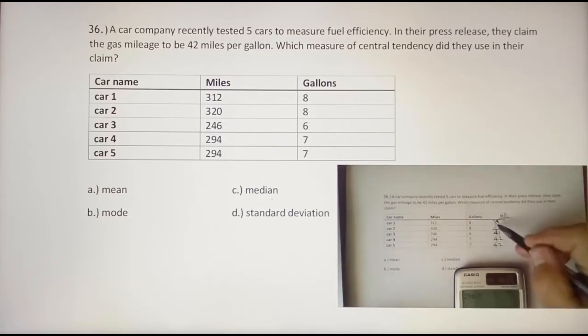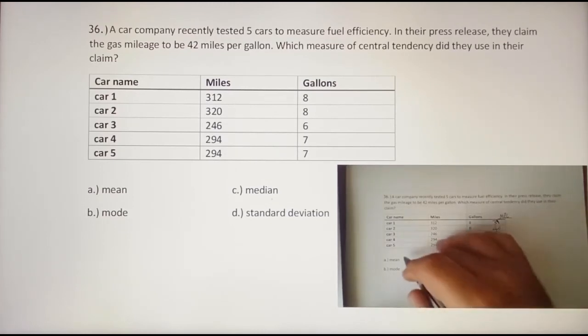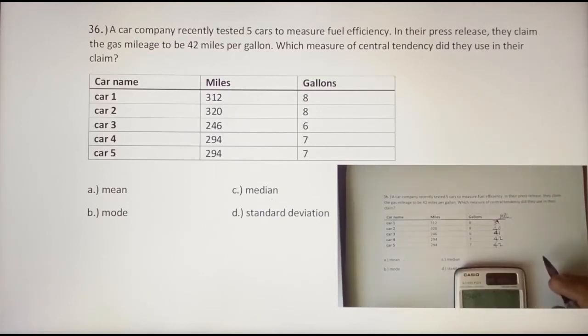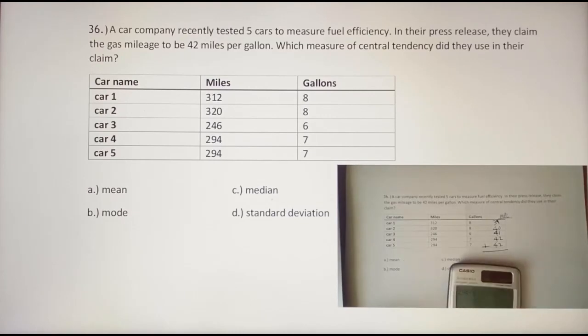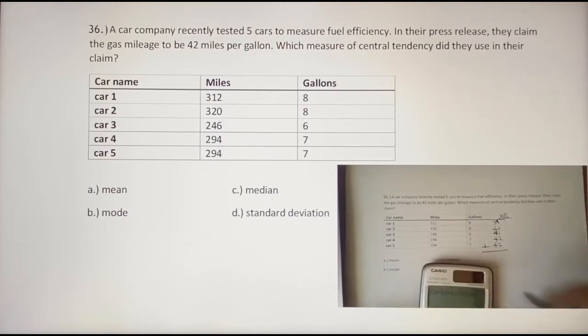All right, so we've calculated the miles per gallon for each of these cars. Let's figure out the mean. The mean just means the average. The average means we're going to add them up. So 39 plus 40 plus 41 plus 42 plus 42 gives me 204.